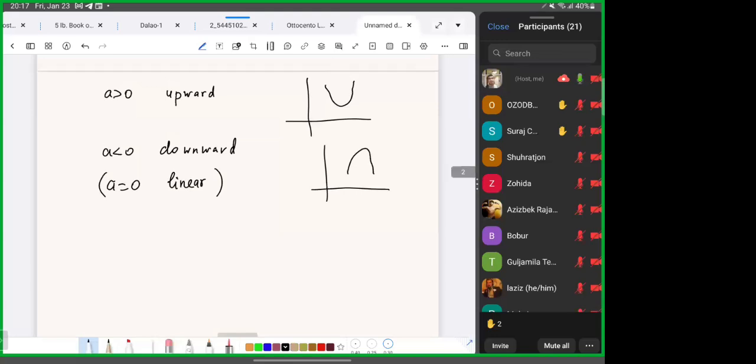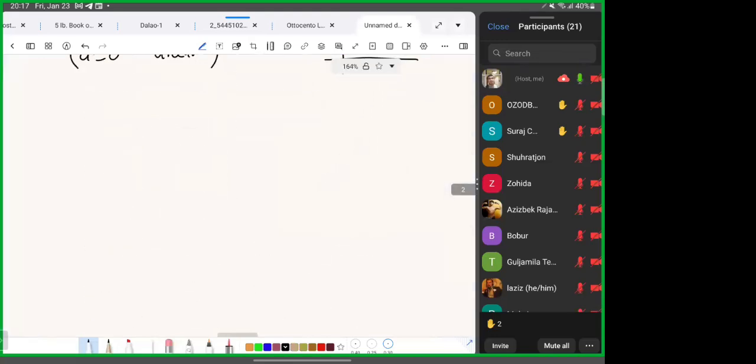So quadratics is defined. Now let's state the general definition of quadratics. The general definition of quadratic is y equals ax squared plus bx plus c. This is your quadratic. It is called standard form.